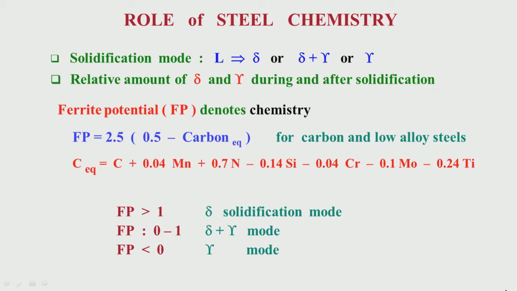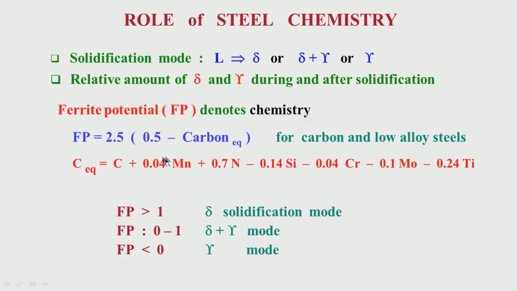How is the carbon equivalent calculated? Look here, it is carbon plus the role of other alloying elements on carbon activity. It depends on that. So, manganese, then nitrogen, silicon, chromium, moly, titanium. Now, look at manganese, it is plus, that means it increases the carbon activity.